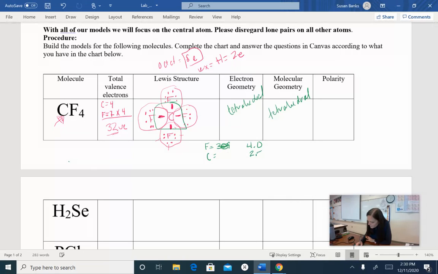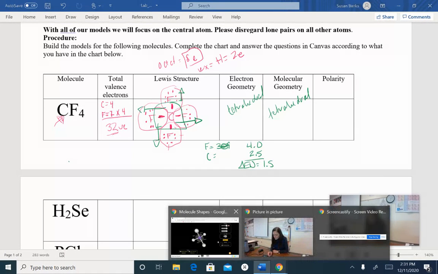For carbon, I'm going to have an electronegativity of 2.5. So that gives me a difference of electronegativity of 1.5. Now that is pretty dang polar, okay? So that means I have electrons being pulled towards all of those fluorines because fluorine is more electronegative than carbon.